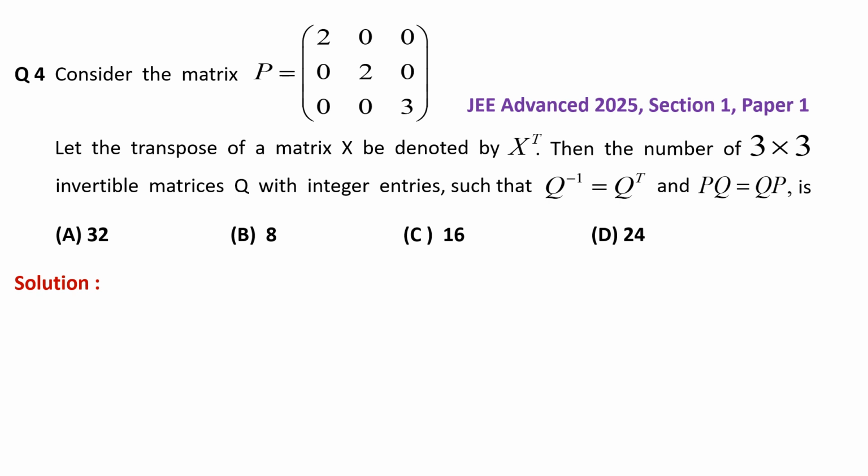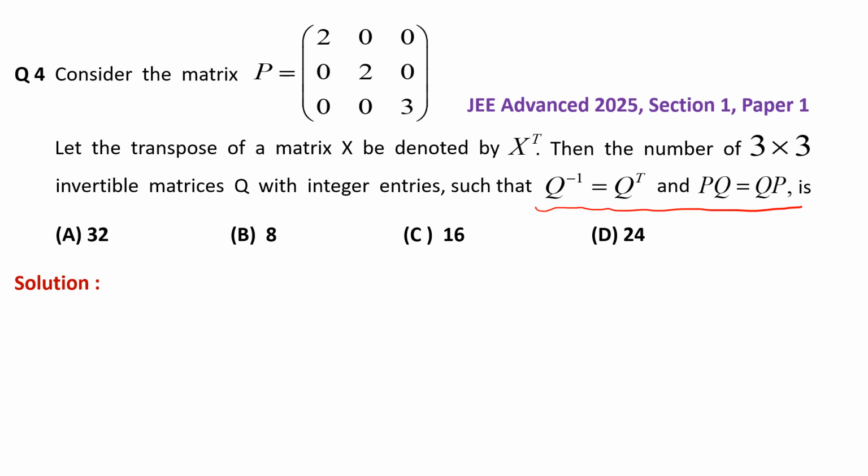Now students, in this question, we have to find the total number of 3 by 3 invertible matrices Q with integer entries that satisfy these two conditions. The first is Q inverse is equal to transpose of Q, and the second is PQ is equal to QP.